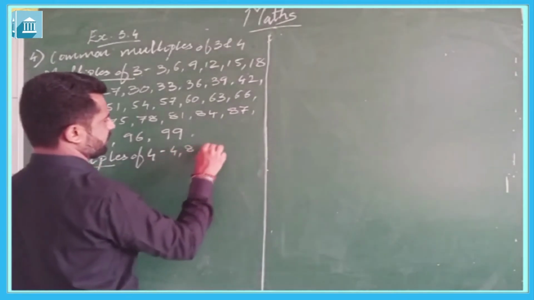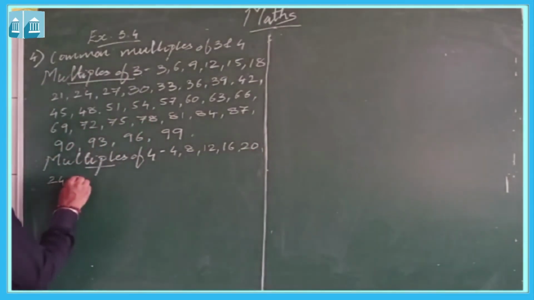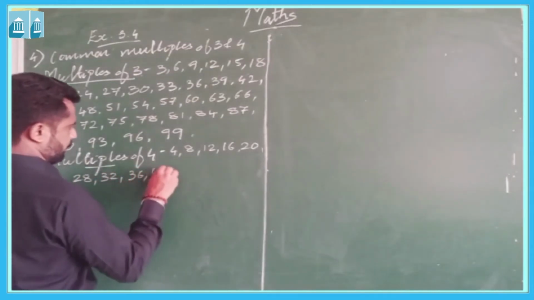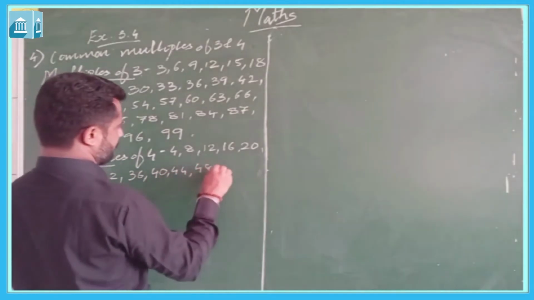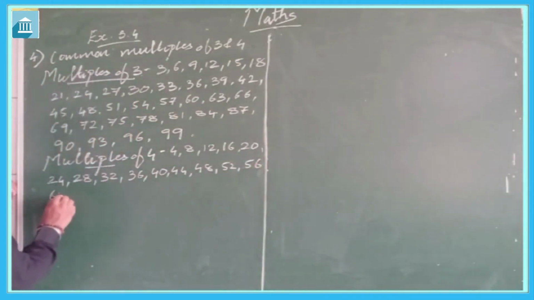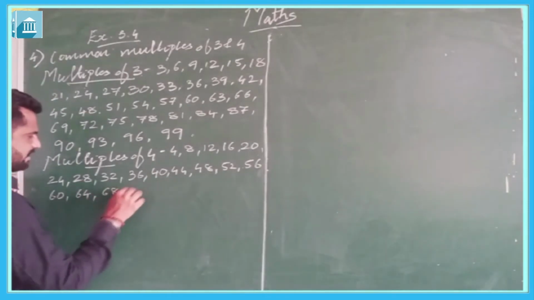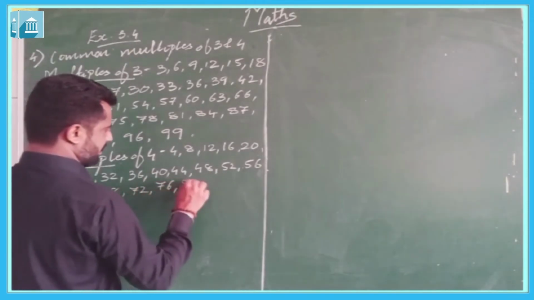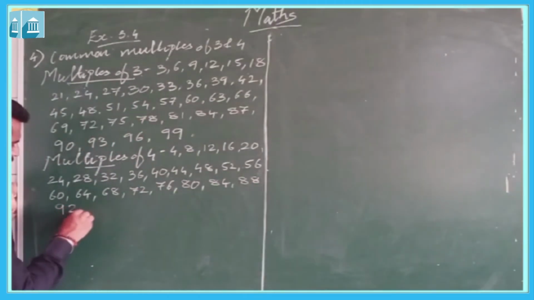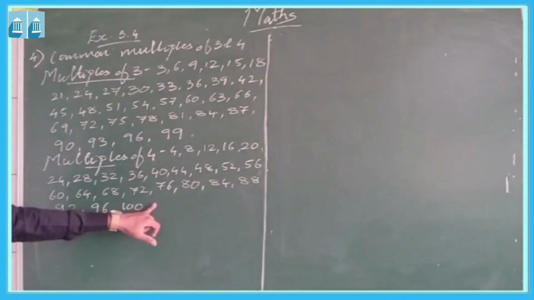So they are 4, 8, 12, 16, 20, 24, 28, 32, 36, 40, 44, 48, 52, 56, 60, 64, 68, 72, 76, 80, 84, 88, 92, 96 and 100. No need to write 100, as we have to find out less than 100.